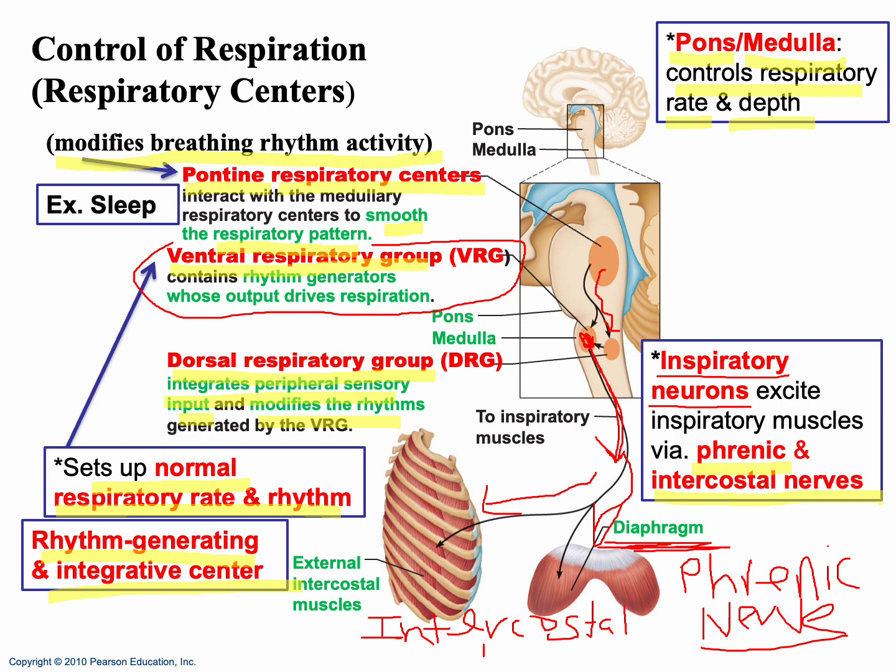So the intercostal nerve sends messages to the external intercostal muscles so that way they can be utilized for breathing, for inhalation, exhalation. And of course, these are undergoing contractions with the inhalation and relaxing during the exhalation. Okay? So external intercostal muscles are connected to the intercostal nerve.